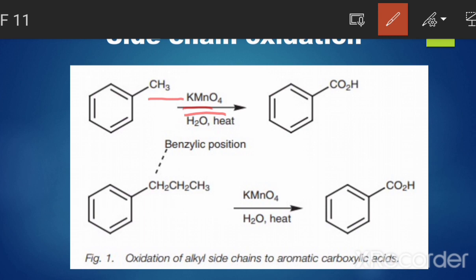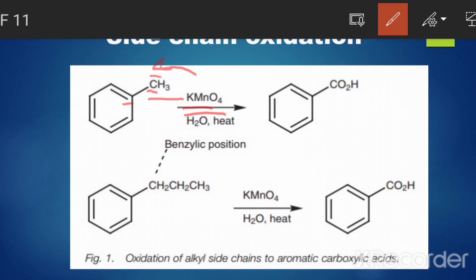We will get a side chain product, in which the carbon that is directly attached to the benzene ring will remain the same, but some other atoms will attach to this carbon atom.